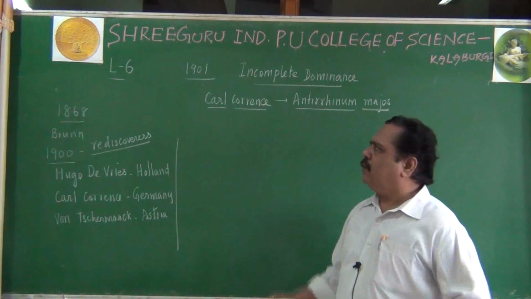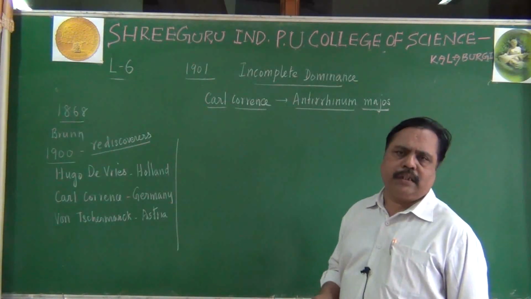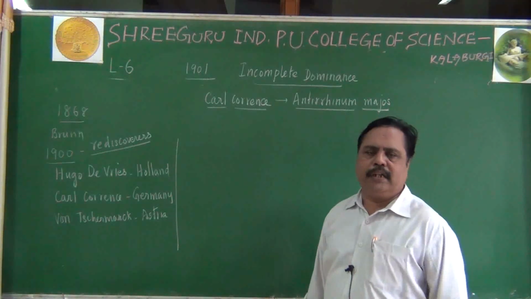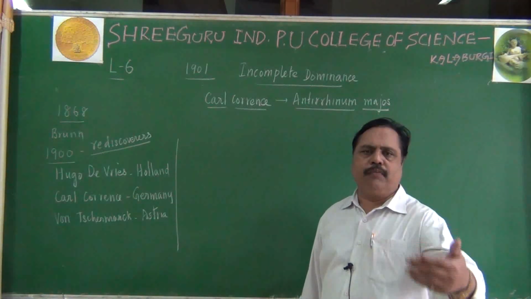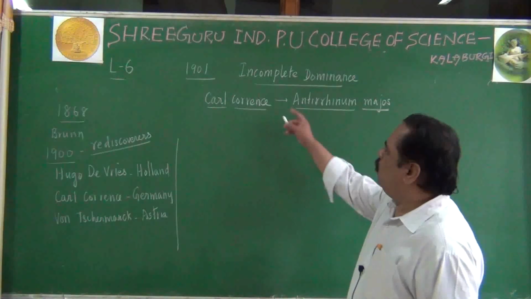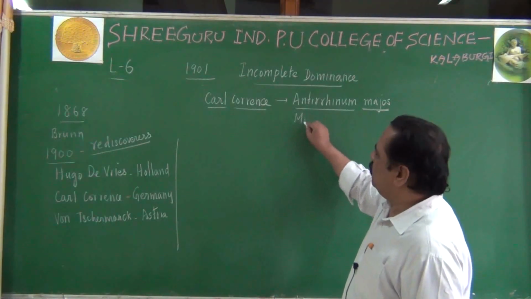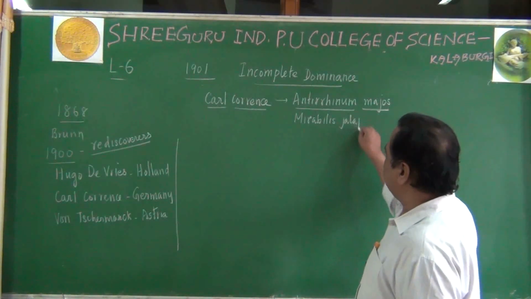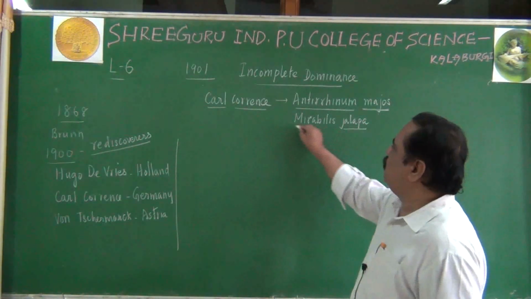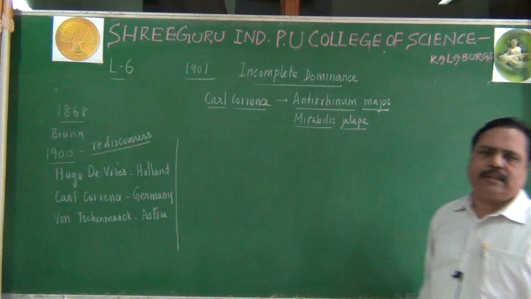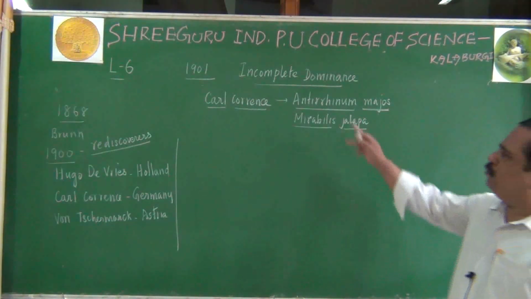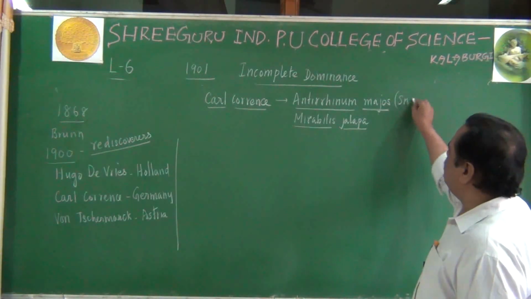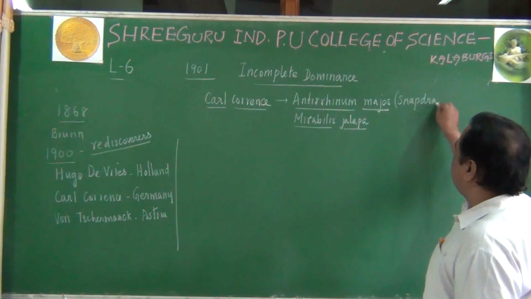Even after Karl Karens, after 1901, some other plants were also found to report incomplete dominance. They did not follow dominance, they followed incomplete dominance. Another example you can remember is Mirabilis jalapa. Even in Mirabilis jalapa we can come across incomplete dominance. Remember, Antirrhinum majus is commonly called the snapdragon plant.